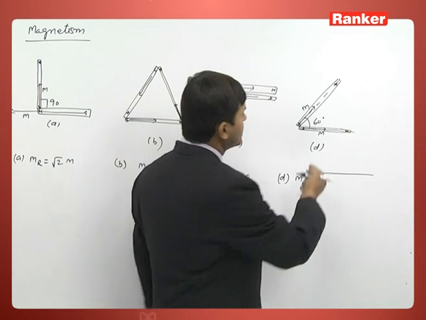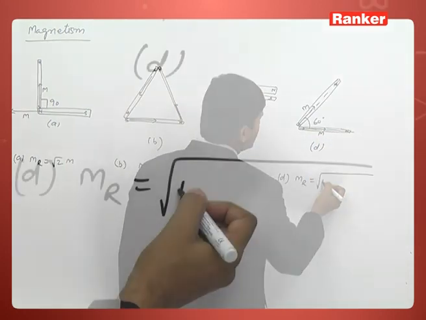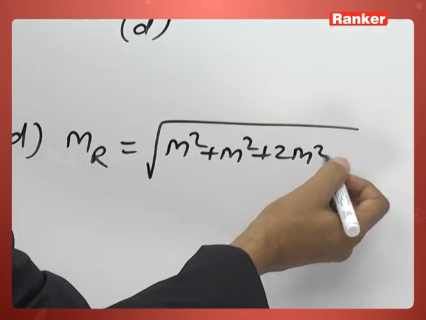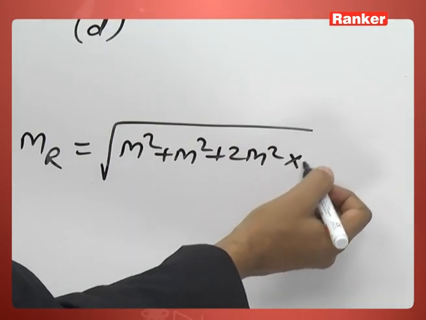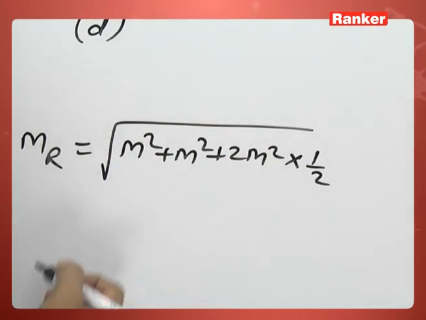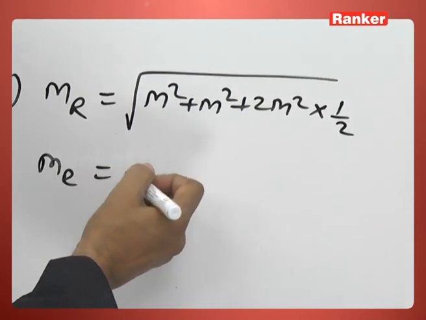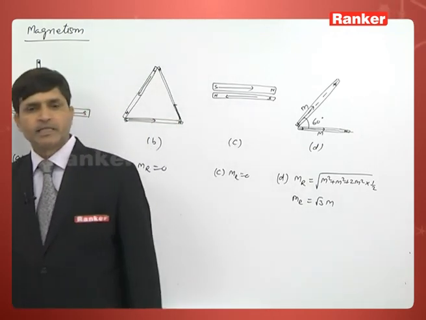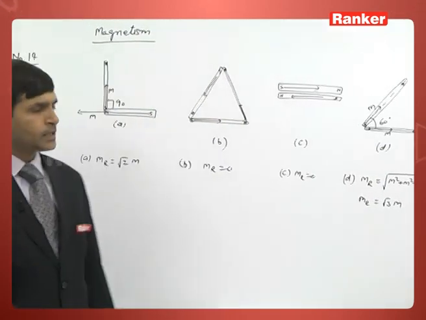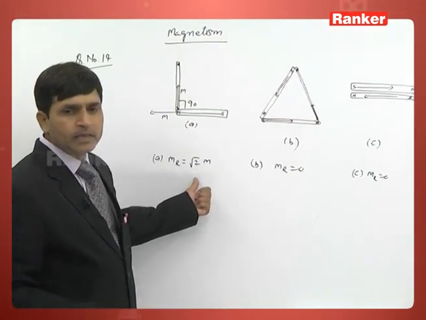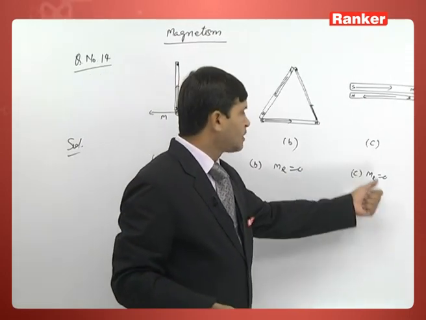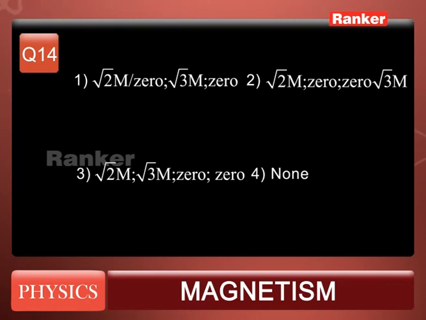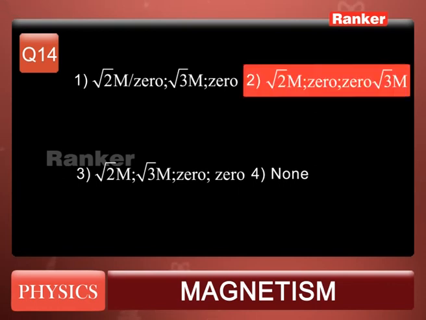In the same way, m square plus m square plus 2m square cos 60, that is 1 by 2. So this will be root 3 times m. So as per the given options, in option 2, first is root 2m, second is 0, third is also 0, and fourth is root 3m. So the correct option is option number 2.